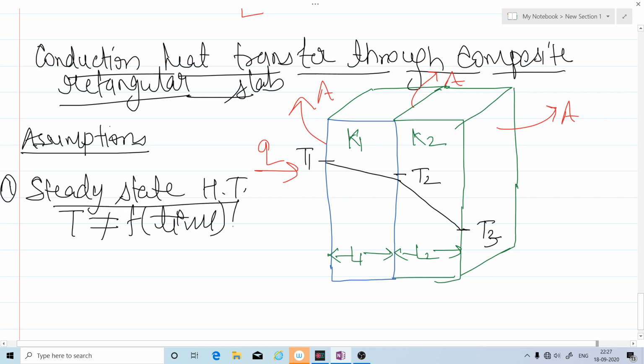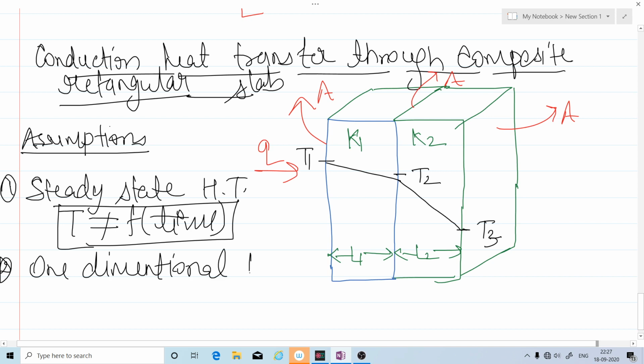And second is one dimensional heat transfer through the composite slab, that is, heat transfer is a function of x only. This is what we mean.